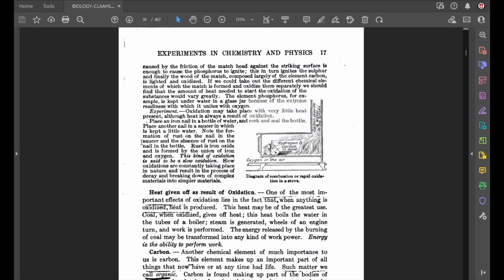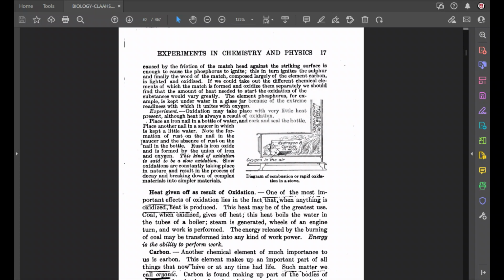It's formed by the union of iron with oxygen. And it's a different substance. It's called iron oxide. Rust is iron oxide formed by the union not of metal with water, but of iron with oxygen.